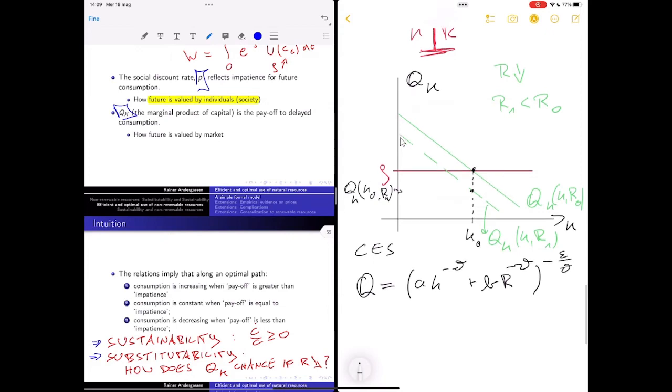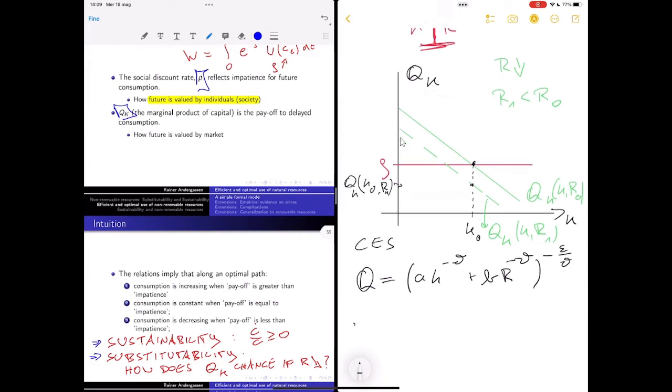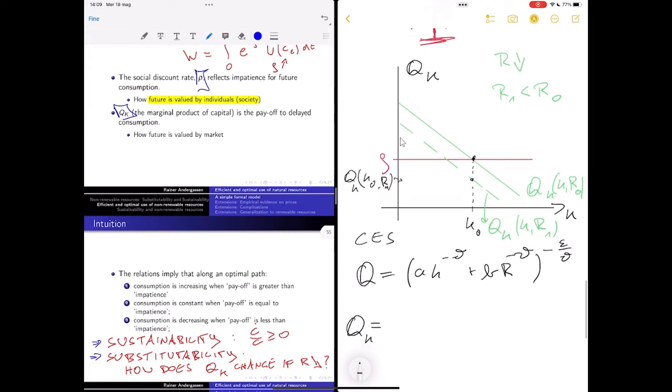Now, what is the marginal product of capital? I already calculated this once, so I'm going a bit fast over this. I have to take the first derivative with respect to K, because now I would like to see what the Euler equation looks like if the production function is a constant elasticity of substitution one. That's why this is useful.